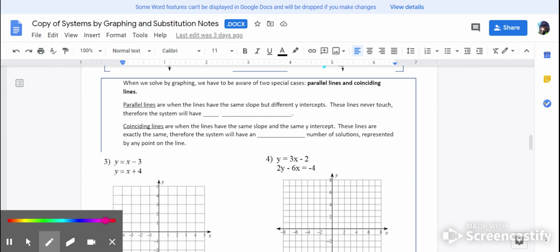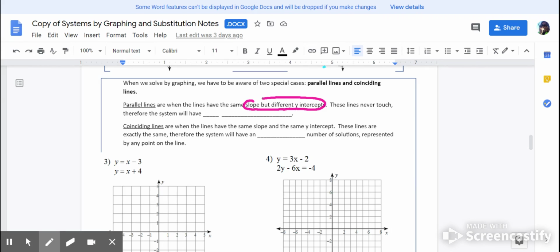So parallel lines are when the lines have the same slope, and this is important here, same slope but different y-intercepts. And because these will never touch, the system will have no solution. So if you're looking at a graph and you see two parallel lines, you know they'll never cross each other. The automatic answer is no solution.